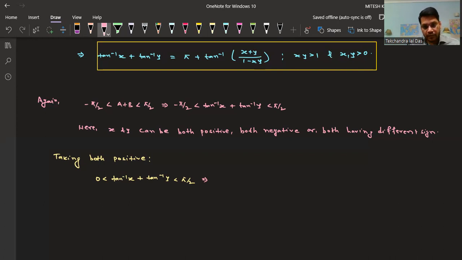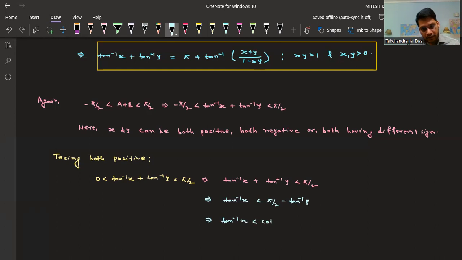So we have to solve this inequality: tan inverse x plus tan inverse y less than pi by 2. For this, we'll send tan inverse y to this side. So tan inverse x less than pi by 2 minus tan inverse y.